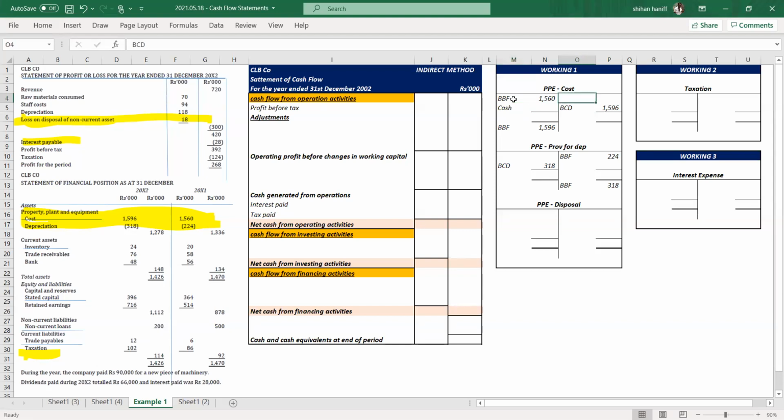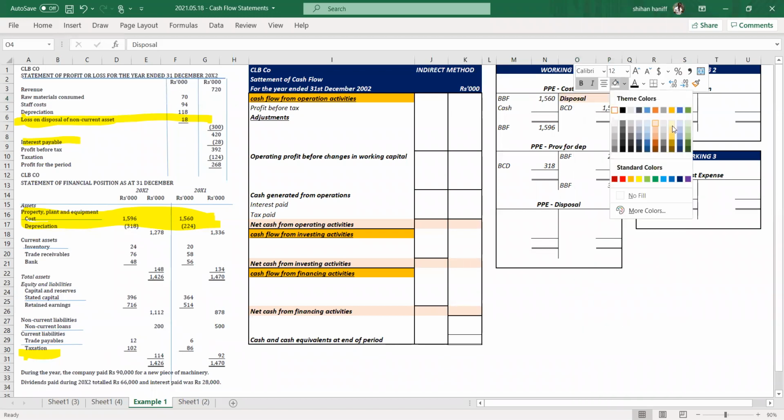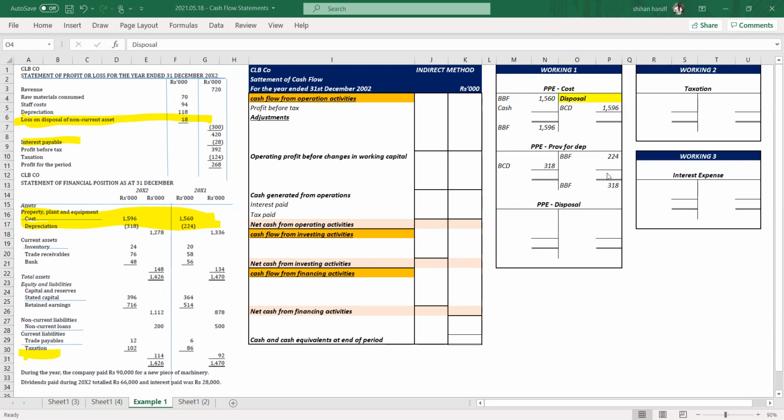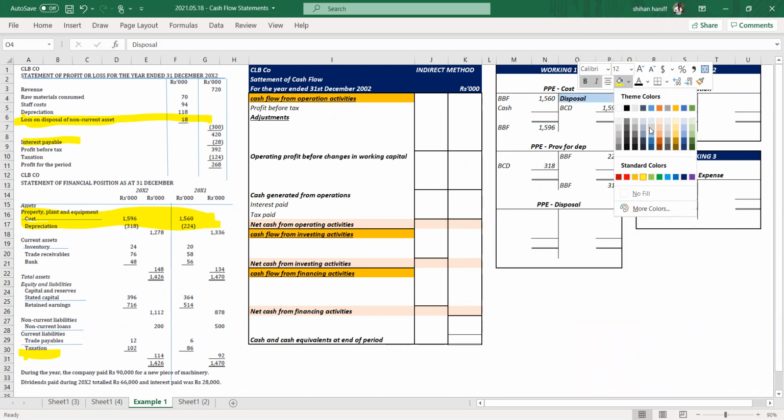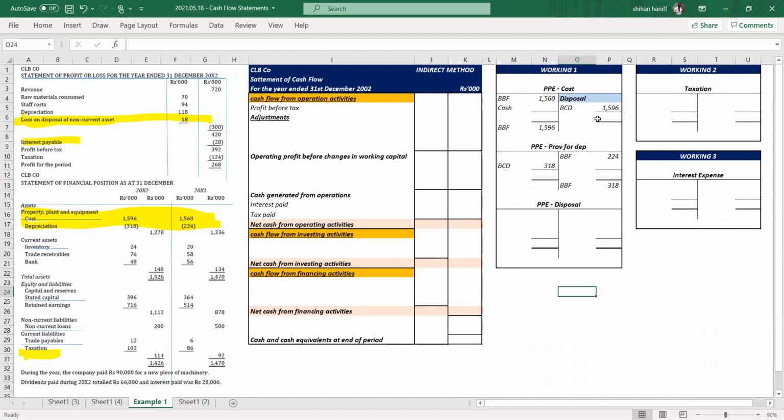New purchase. And the difference will be disposal. Identify how much is the disposal, the cost of the disposed machine.